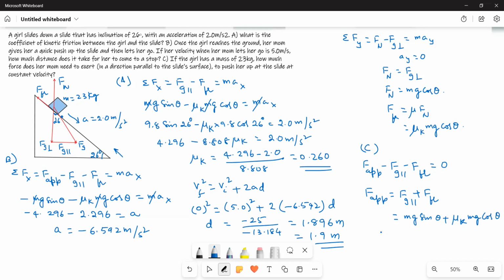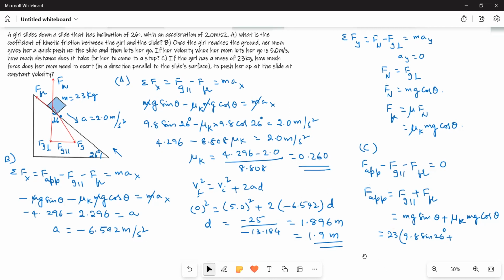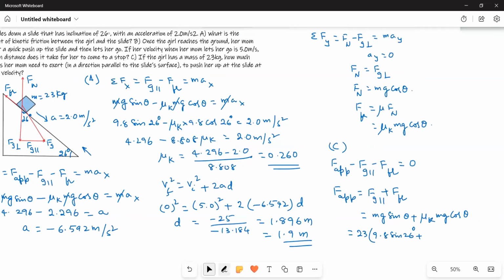Here I will take the mass as her mass, given as 23 kilograms: 23 times 9.8 into sine 26 degrees plus F friction. What is the F friction? Mu k is 0.260, so 0.260 times 23 times 9.8 into cos 26 degrees.